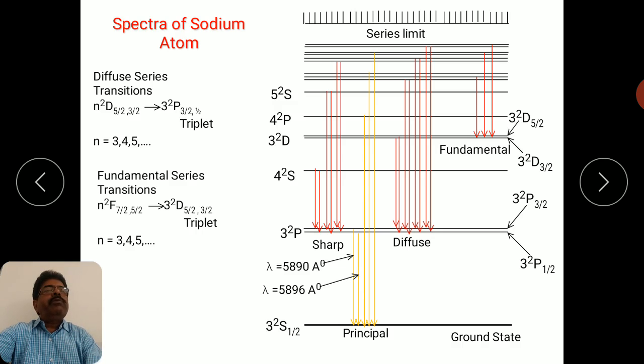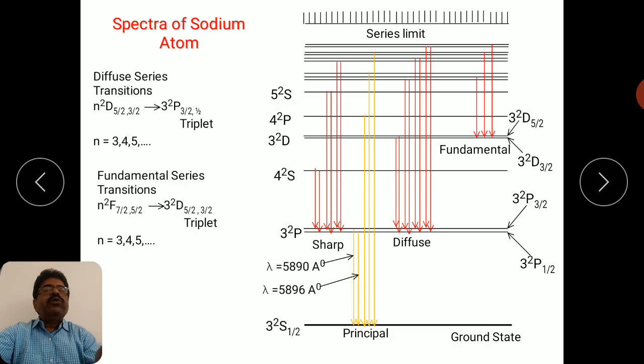Again, four possible combinations are there. The doublet F 7 by 2 and 5 by 2 are not shown in this diagram in the higher levels, because there are limitations: the line separations are too small and the number of lines too large to represent in the same diagram. But remember the transition is from doublet F 7 by 2, 5 by 2 to doublet D 5 by 2, 3 by 2. Of the four possible combinations, one is not allowed, therefore it is also a triplet.